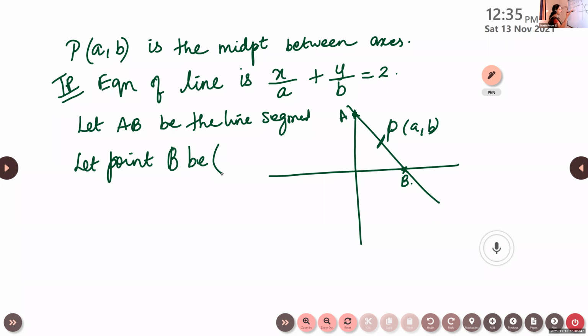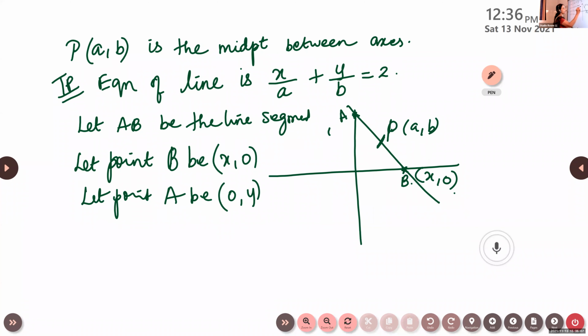It will be of the form (x, 0) because it is a point on the x-axis. And the point A, we can take it as (0, y) because it is a point on the y-axis.